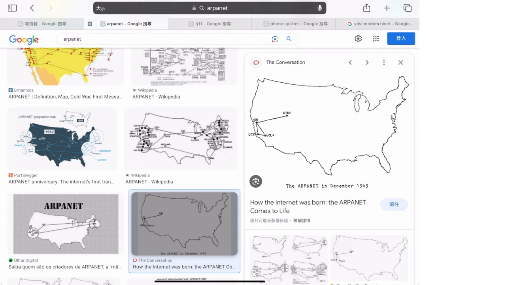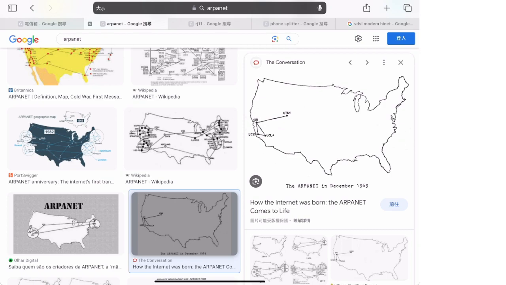If Utah would like to send a message to UCLA, it can send the message to SRI, and using some algorithm to redirect, or we say forward, or relay those messages to UCLA. So it is okay that Utah does not have a direct connection to UCLA.